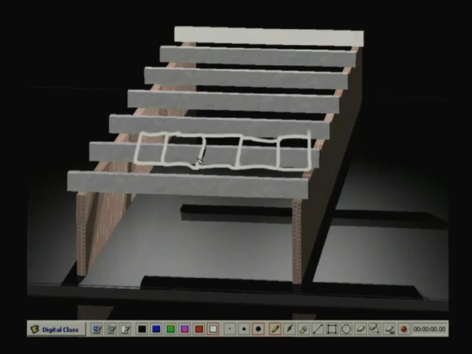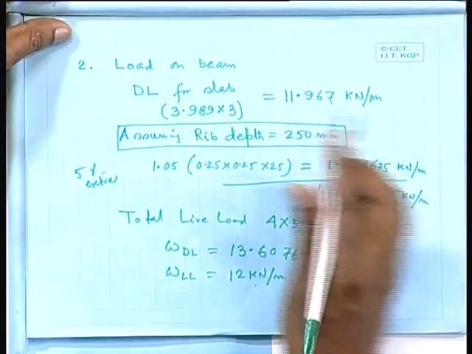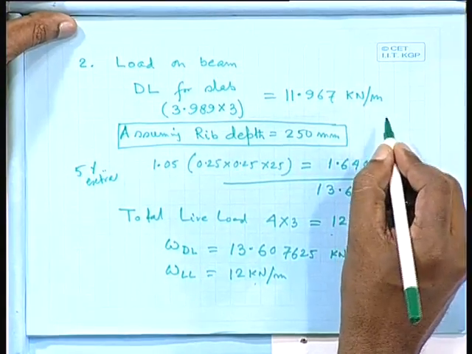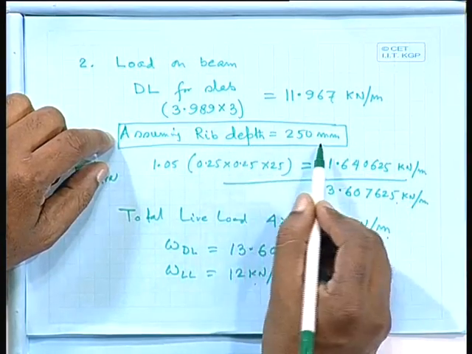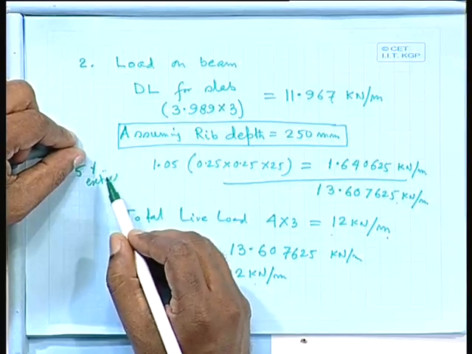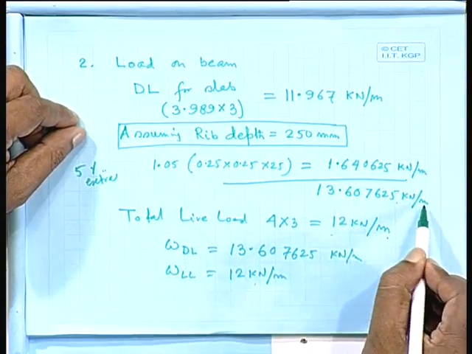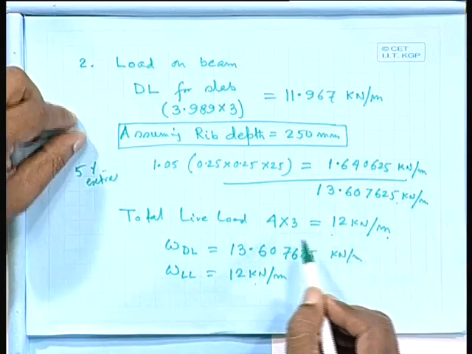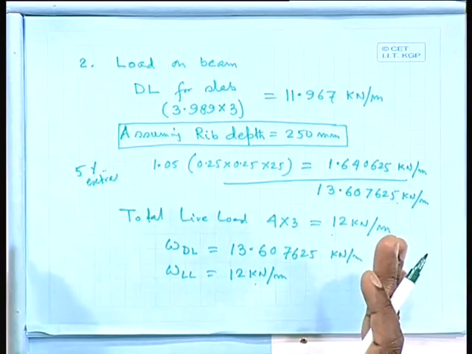Now we have to take the loading on the beam. So, how much is the load on beam? Dead load for slab we have already computed, and here we have assumed a certain rib depth, that is 250 millimeter. So, we are adding 5% extra for plastering and other things. So, we can get 13.607 kilonewton per meter. Total live load is 4 into 3, because the spacing of beams is 3 meter.